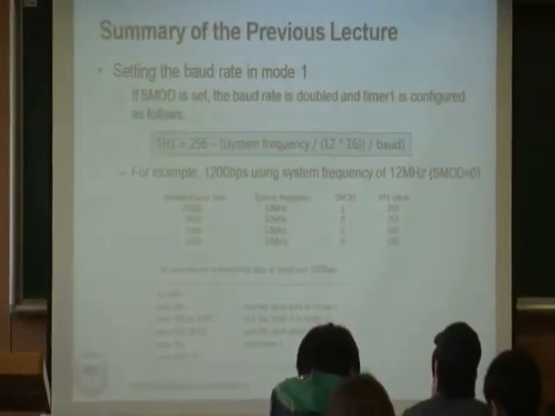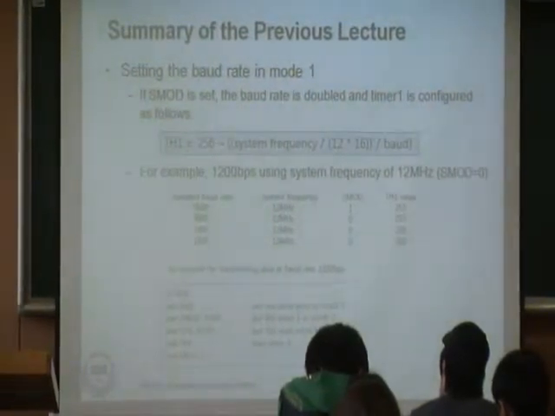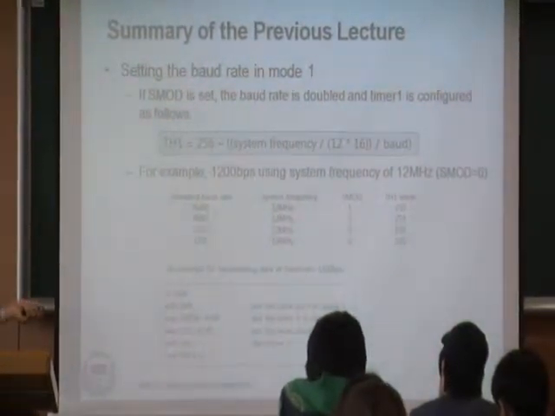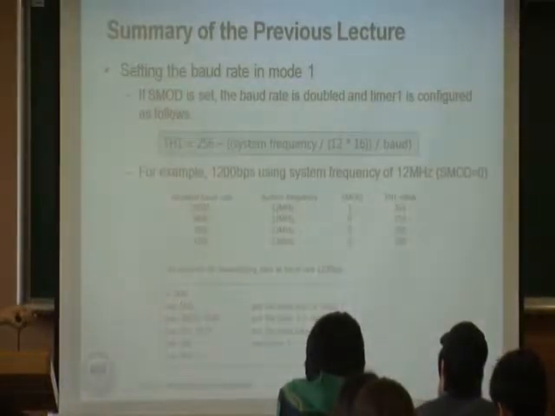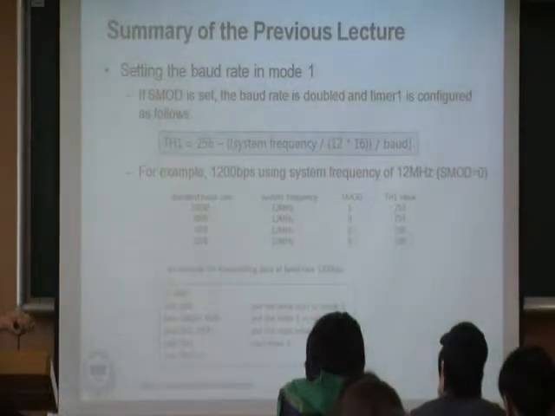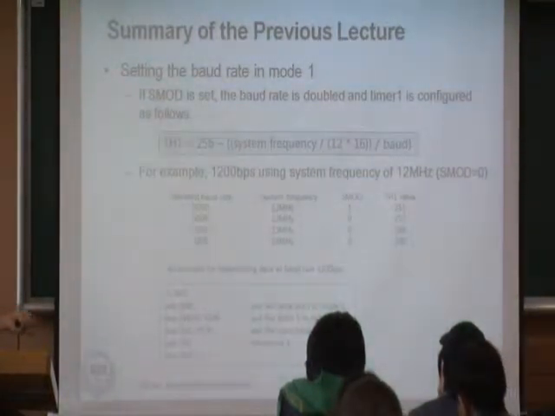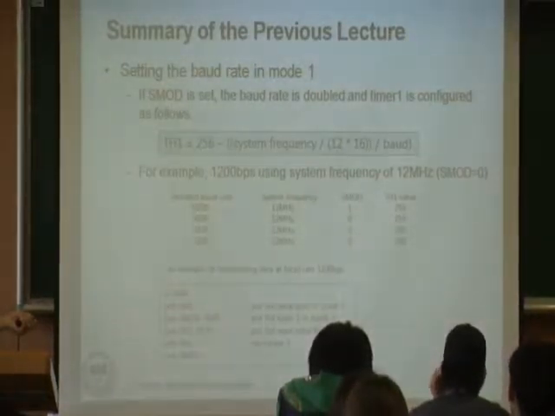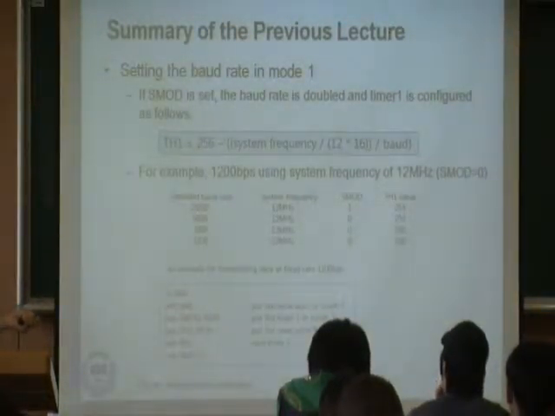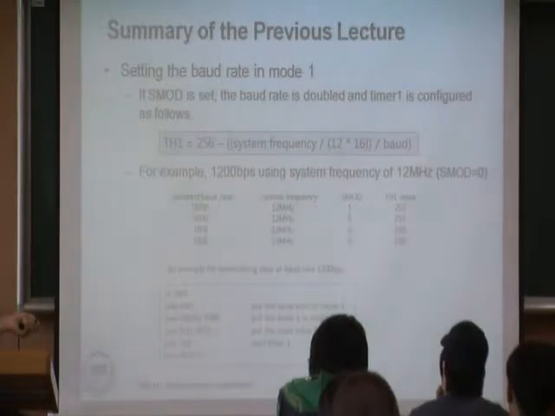This is a simple example of setting the 1200 BPS. The clear SM0, set B SM1 simply means that you want to set the serial communication mode: make it 0, make it 1. So 0, 1 means I want to run the serial communication with mode 1.